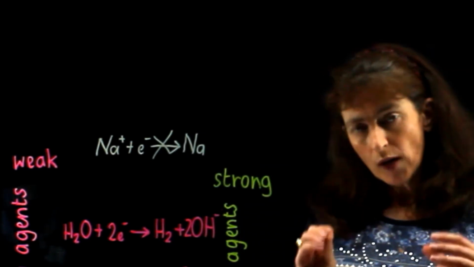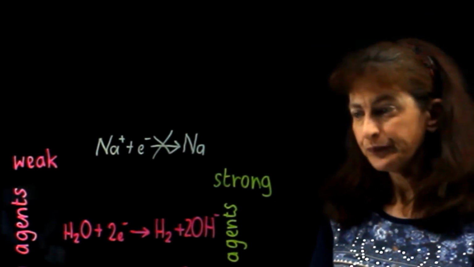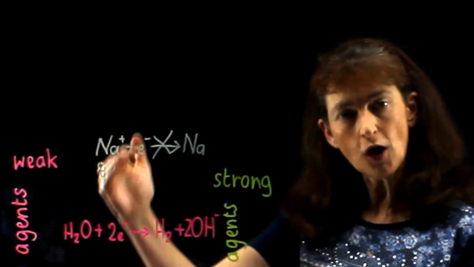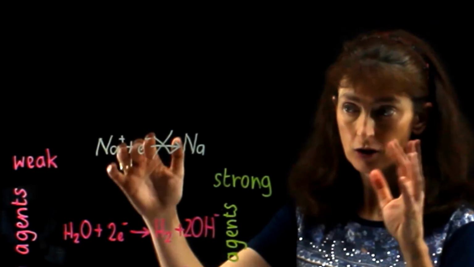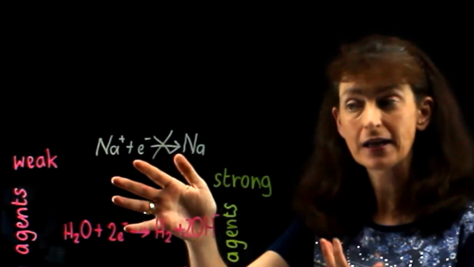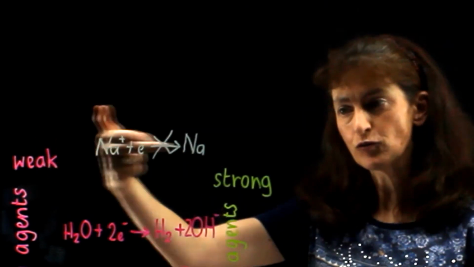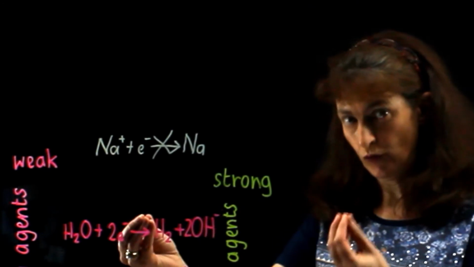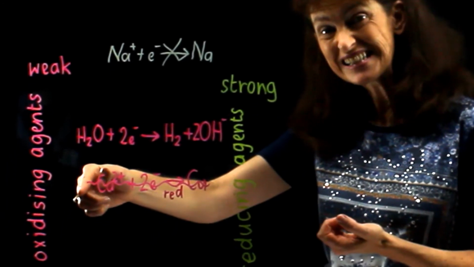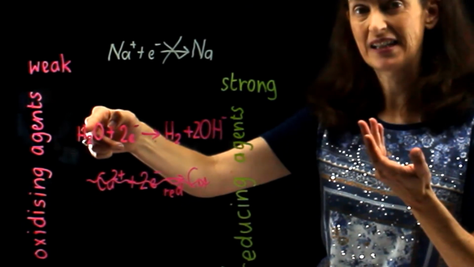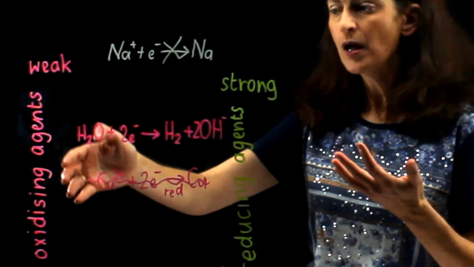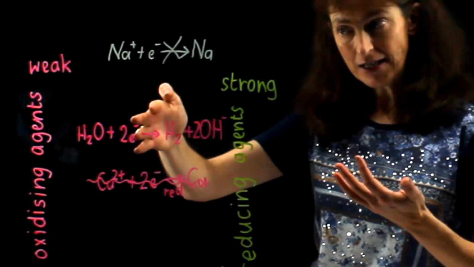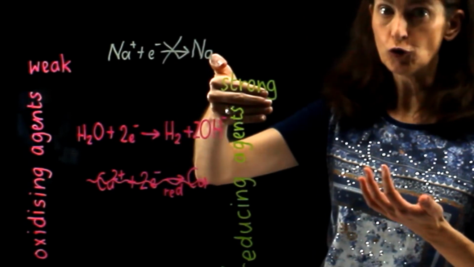So whenever we ask a question like this, we must look at the two competing potential half reactions, and in both cases, they refer to reduction. And so we must refer to oxidizing strength. Because remember, the oxidizing agent is reduced.